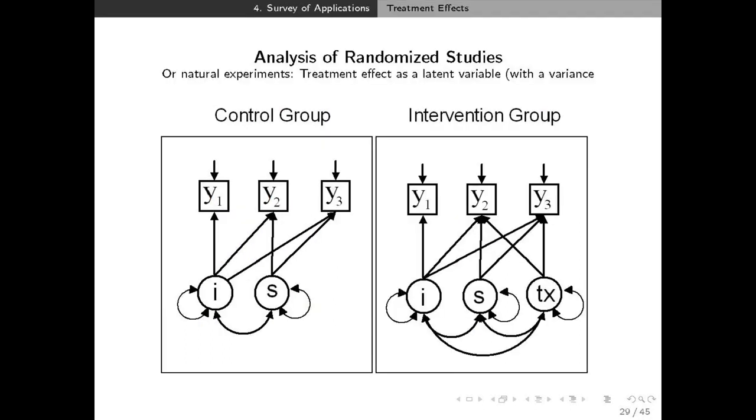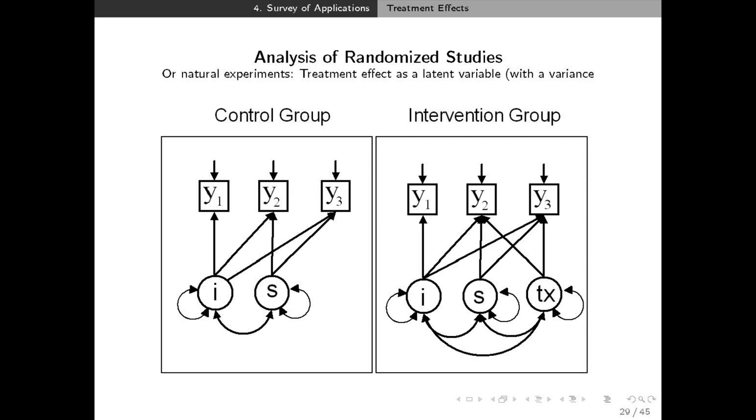Longitudinal data analysis in randomized controlled trials is an especially interesting application. There's a nice paper by Muthén and Curran that demonstrates a multiple group approach to analyzing randomized controlled trials.